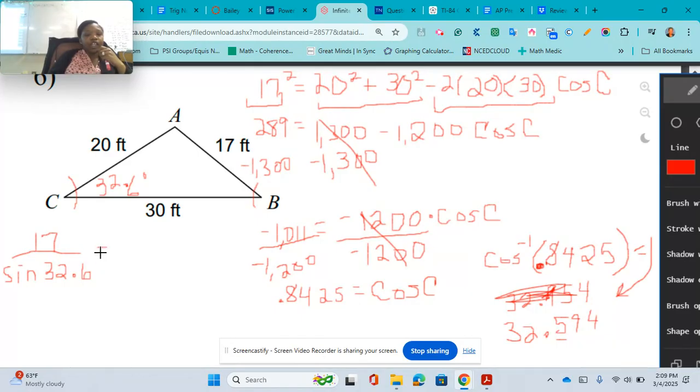Equals, if we are looking for angle B, what will need to be on the right side? 20 over what? Excellent. Sine of B, big B.